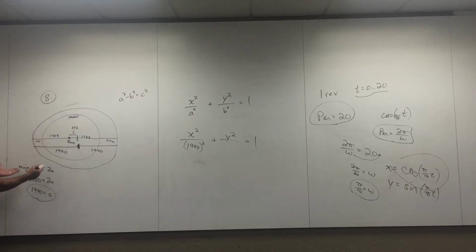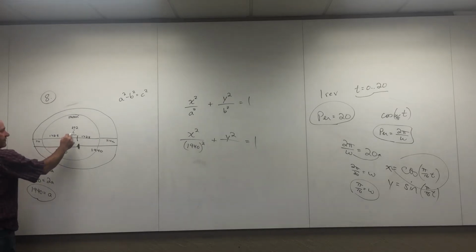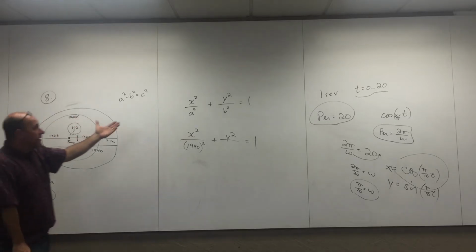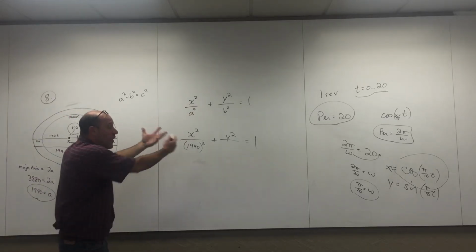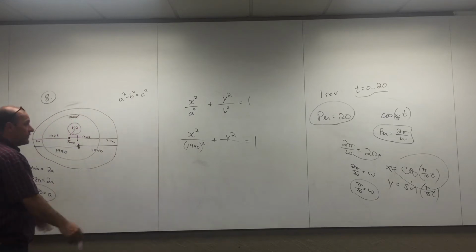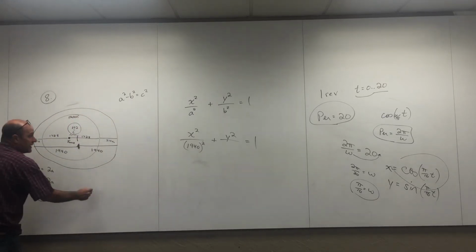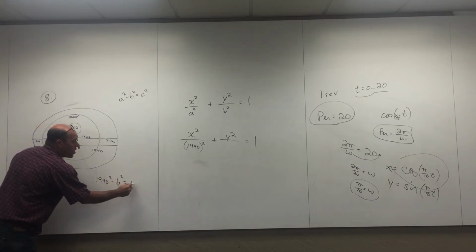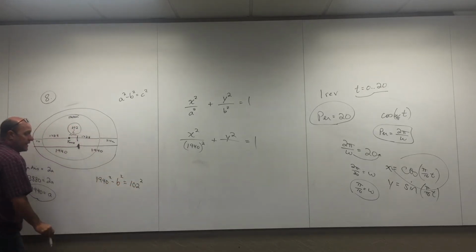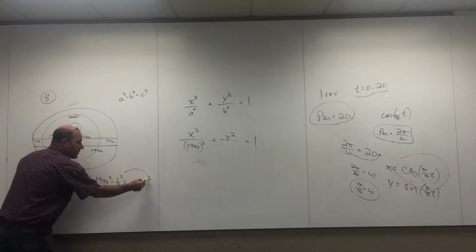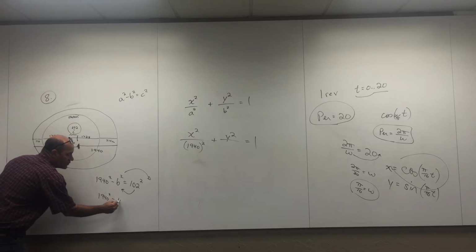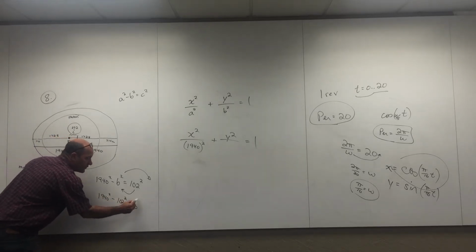So we figured it out. I'm done. I did a little subtraction there. I found out c was 102. Now I can find b squared. That's what I want. I want a squared and b squared, and I'll have the equation of the ellipse. So 1940 squared minus b squared is 102 squared. You could move the b squared over and subtract, so 1940 squared minus 102 squared is b squared.